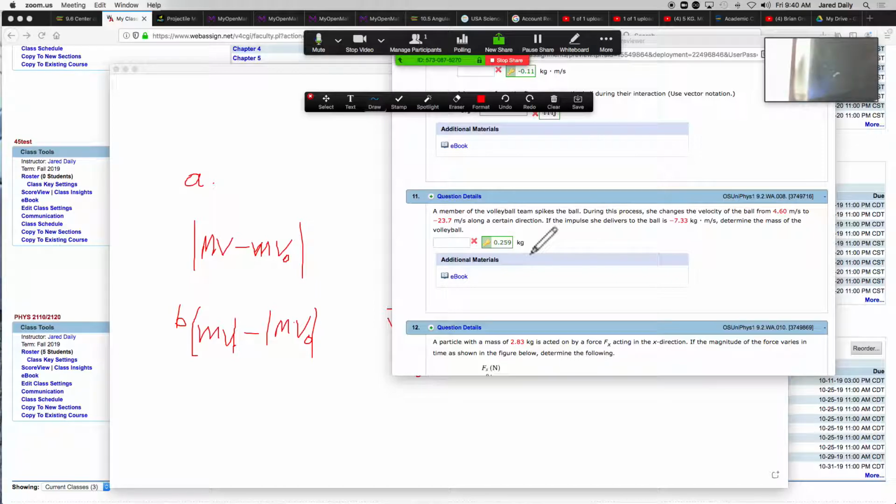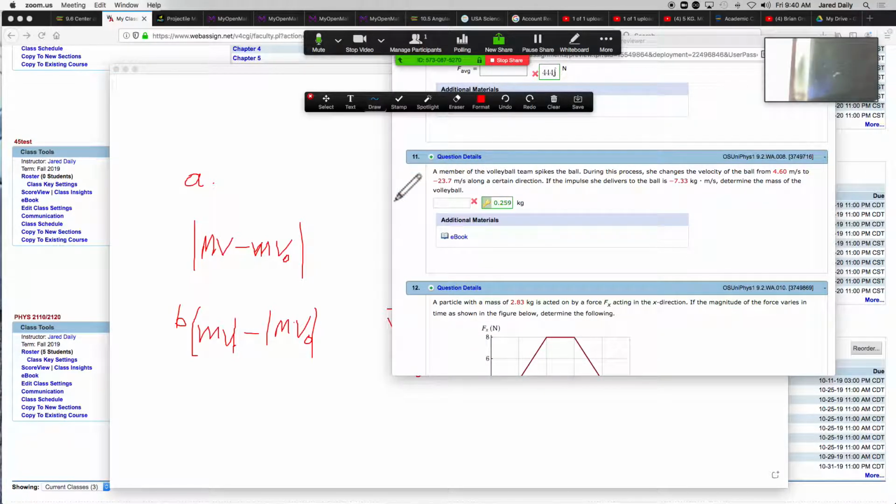So this is a change. What is the change? You take the final, which is minus 23.7, minus the initial 4.6, and you're going to get a negative 28.3, right? So that's the change in velocity times the mass of the ball equals the force times the time, which is the impulse which they give you.